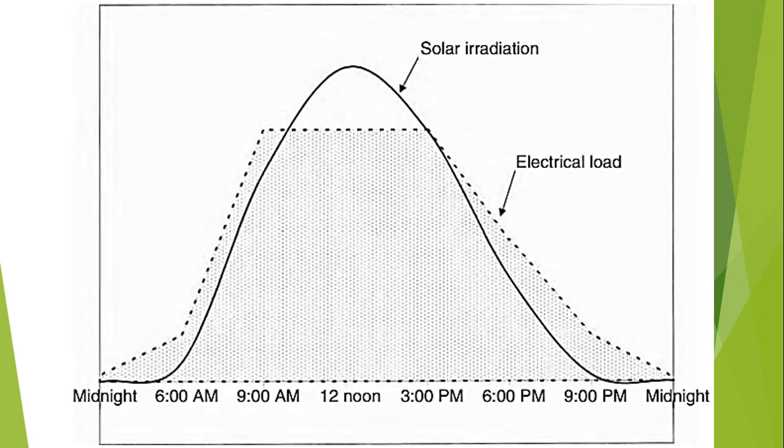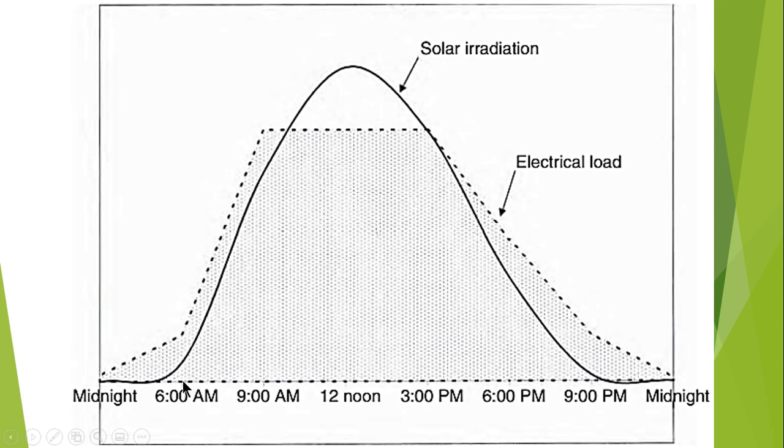So this is the graph of solar irradiation, or this is the graph of electric load. The load and the irradiation both follow the same, let's say, concentrations.